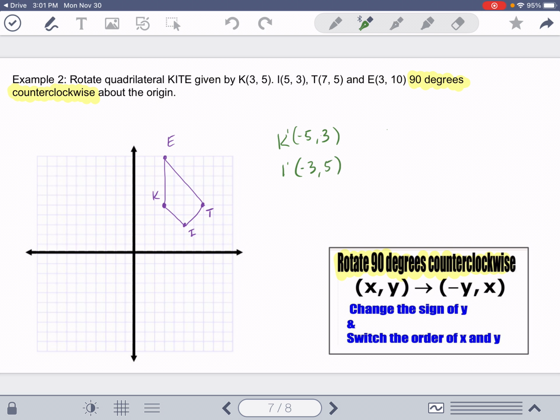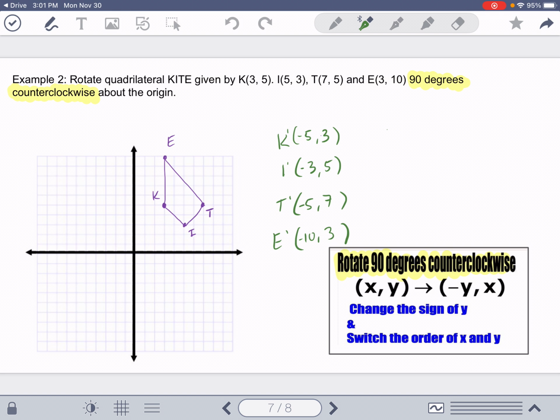Oh, these are prime. T prime, E prime, negative. So in this case, I made all of these positives negative. If any of those coordinates had been negative, of course, you would have made them positive. That's just the way it worked out in this one.